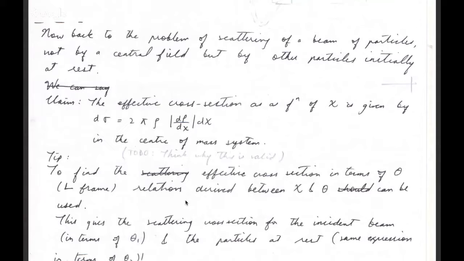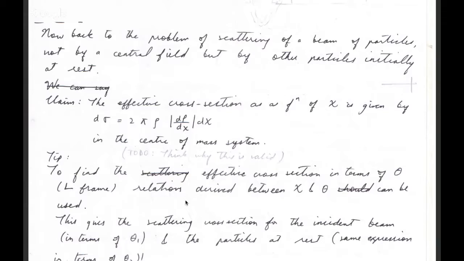So we are back to the problem of scattering of a beam of particles, not by a central field, but by other particles initially at rest. The claim is that the effective cross section as a function of chi is given by d sigma equal to 2 pi rho d rho by d chi into d chi in the center of mass.